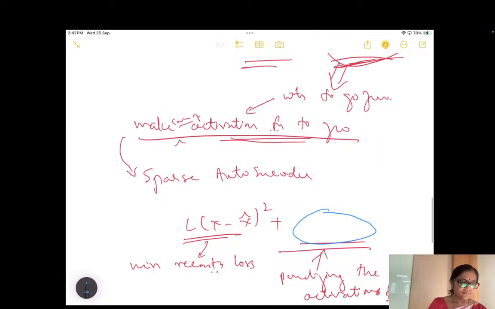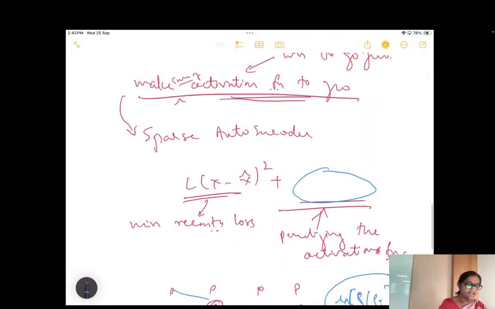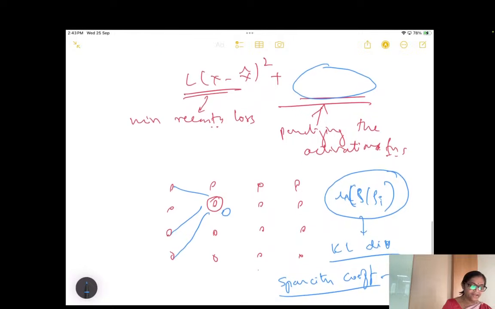What are the answers that you got? See, penalize this using KL divergence.